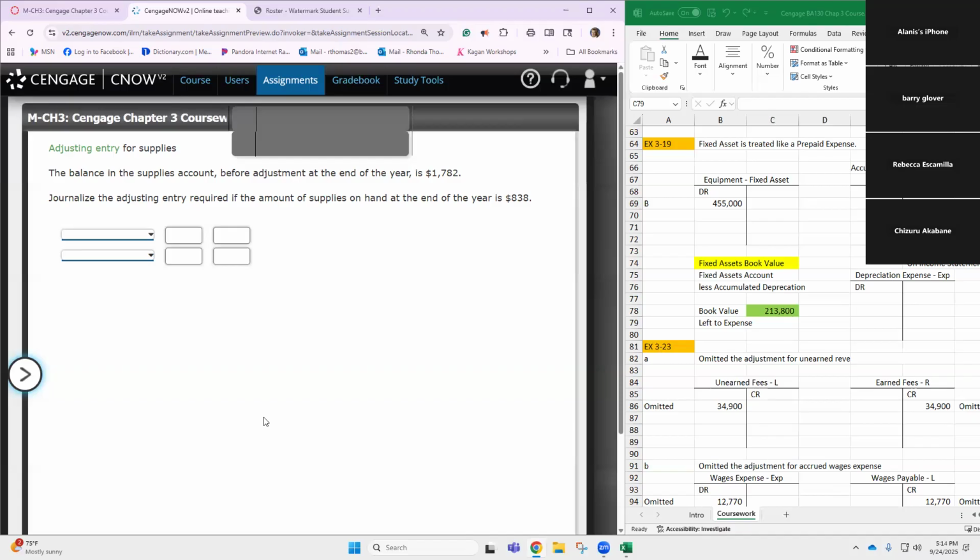I'm going to double check. These two numbers should add up to the balance before we made the adjustment. Nothing wrong with double checking. When you credit this, you debit this. When you put the entry in, you want to put the debit in first and then the credit. So what are we debiting? Supplies expense.